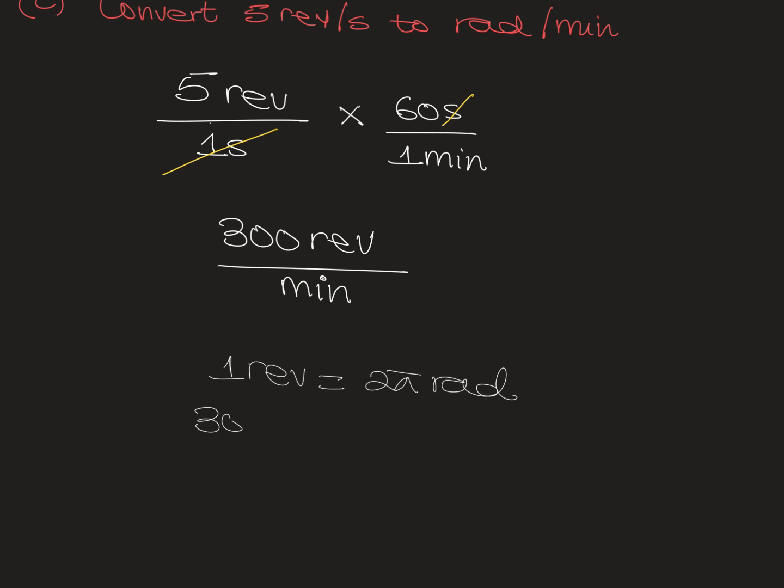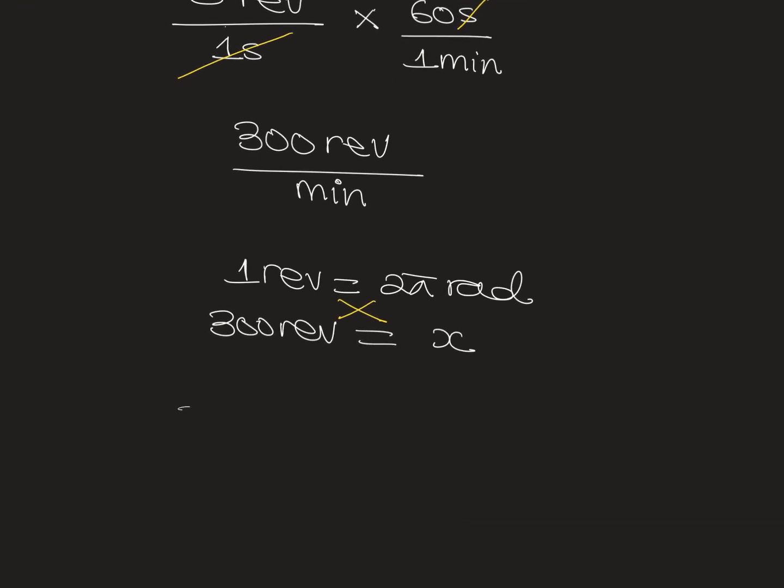So what will be 300 revolutions? That will be x. We cross multiply. We're going to have x times 1 revolution is equal to 300 revolutions times 2 pi radians.